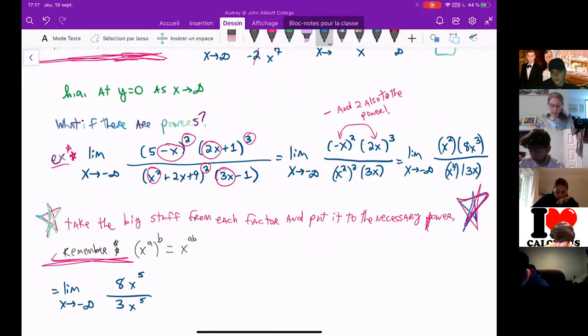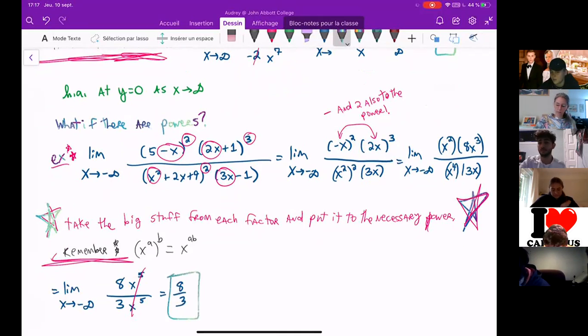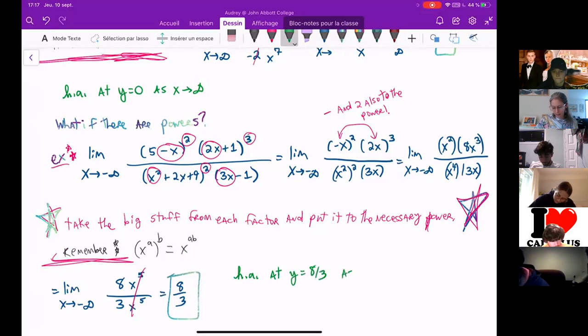You got it. So we have an 8 over 3, again, just in a different way. And there is a horizontal asymptote at y is equal to 8/3 as x goes to negative infinity.